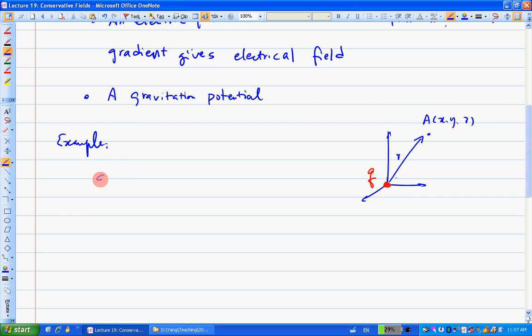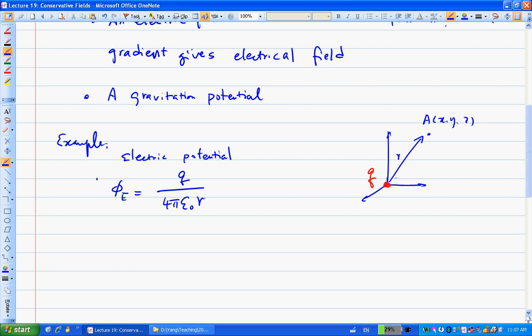And as you learned, or will learn again in third year, the electric potential, we use phi e here, is basically Q over 4 pi epsilon naught r. So that's the electric potential.